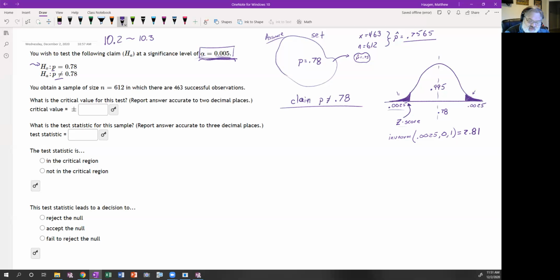And then of course that's down here, it's negative, right? So it probably said negative, but that one's positive, right? So that's your critical value.